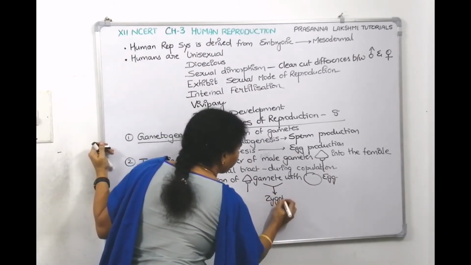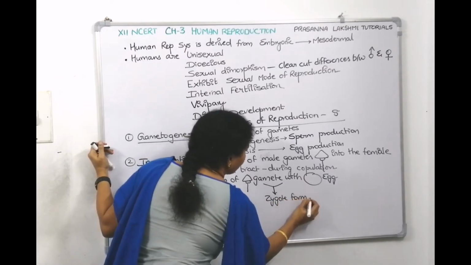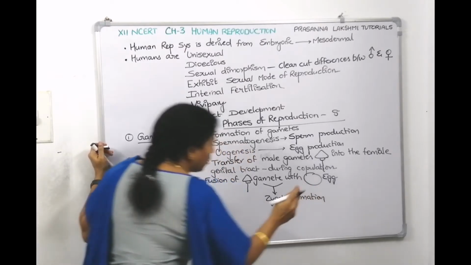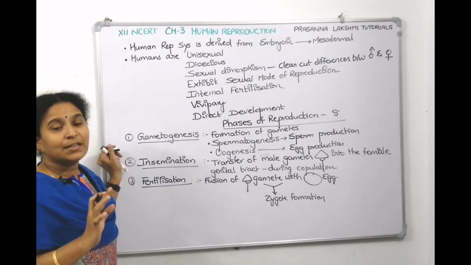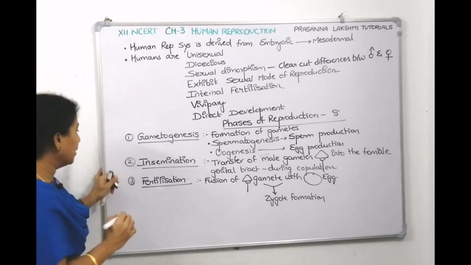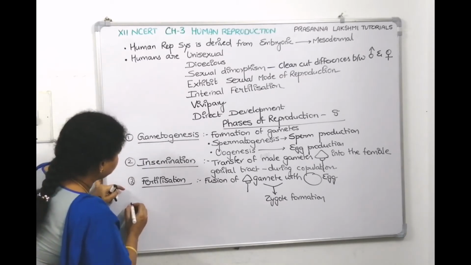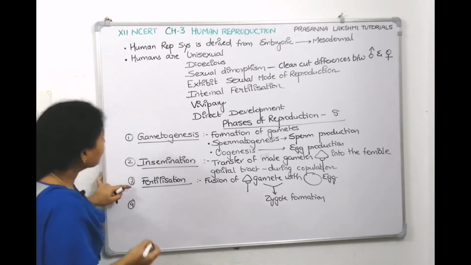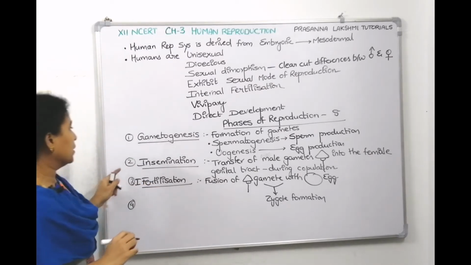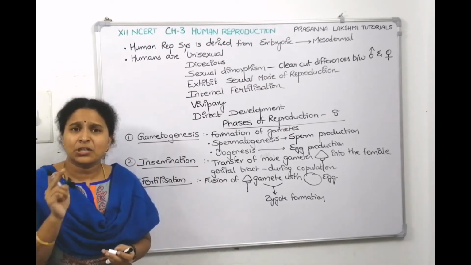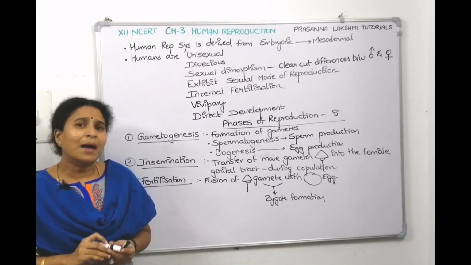Zygote is formed. So the process of formation of zygote with the fusion is called fertilization. That is the third step. Okay, and we can write it as internal fertilization. Gametogenesis, insemination, internal fertilization.